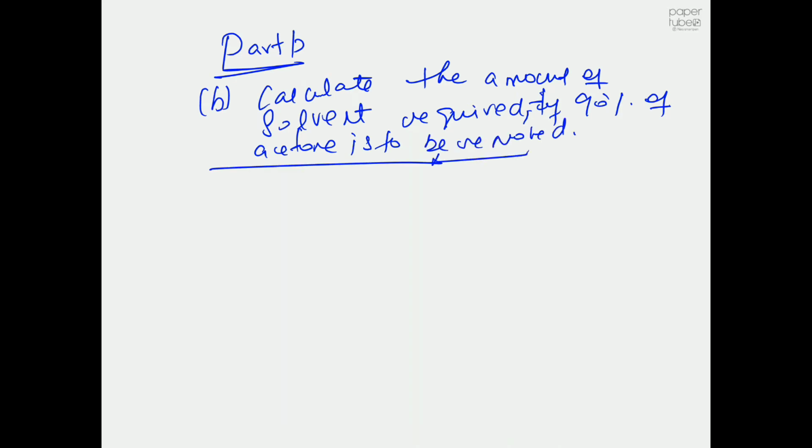You started from a feed solution that contains 50% acetone, and we added 800 kilograms, starting with 1000 kilograms of feed solution. Using the phase separation line and the ternary diagram, we calculated what percentage we can get on the extract side and on the raffinate side. But now it's a bit more tricky. I have an objective: I want to remove 90 percent of the acetone from my feed solution, and for that, how much solvent do I need? That's a very tough question to answer, so let us try to answer it.